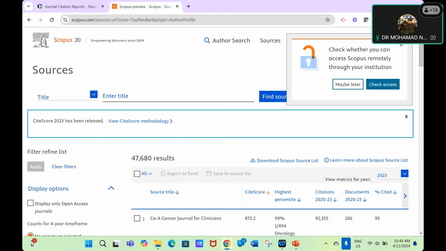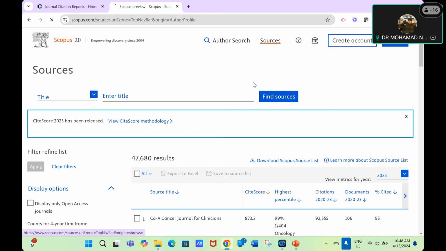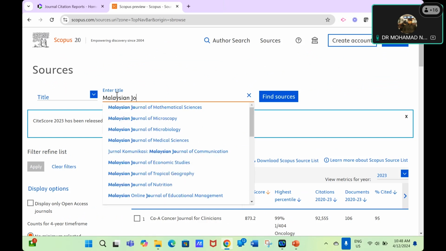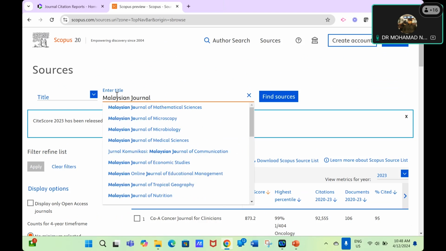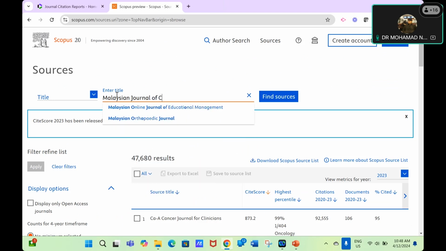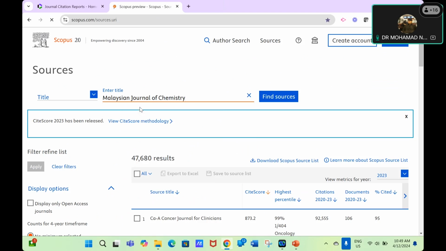When you type Scopus and go to the sources, it comes out like this. You can type, for example, I want to know the journal Malaysian Journal of Chemistry. Malaysian Journal of Chemistry, under IKM, Institut Kimia Malaysia.